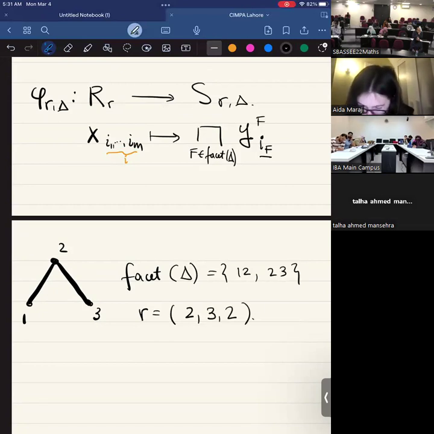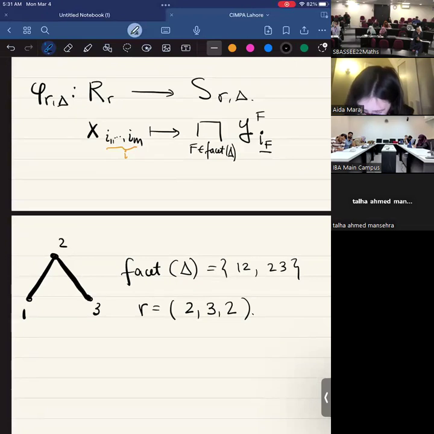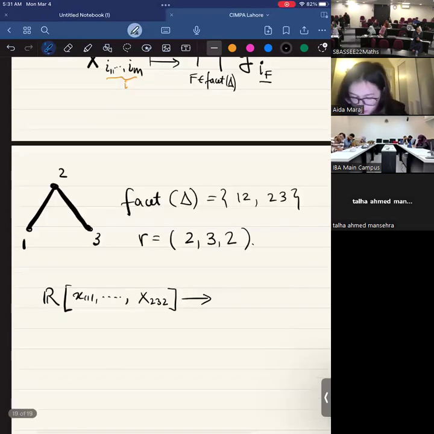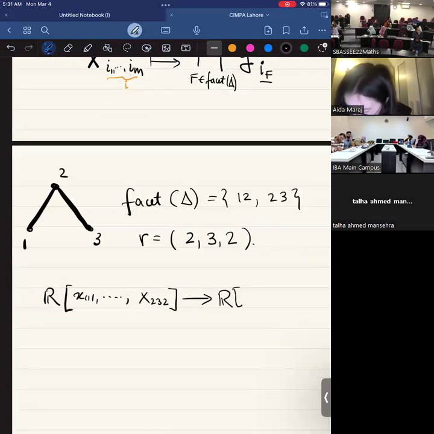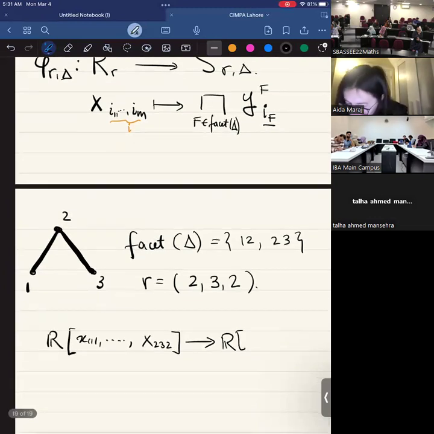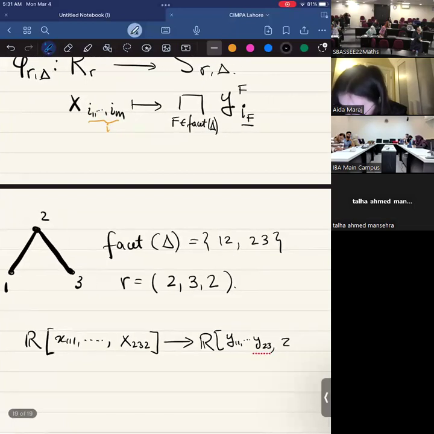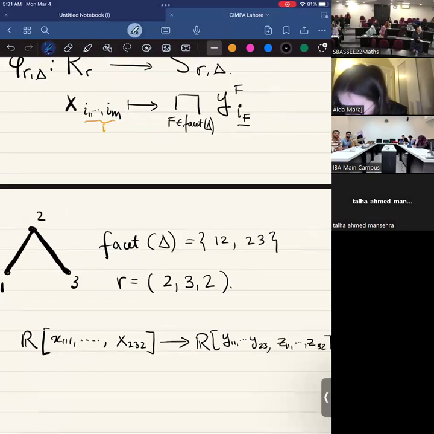Then our map goes from R of x_{111} till x_{232} to R of, just for simplicity, I'm going to call these y_{11} through y_{23}, and then we will have z_{11} through z_{32}.